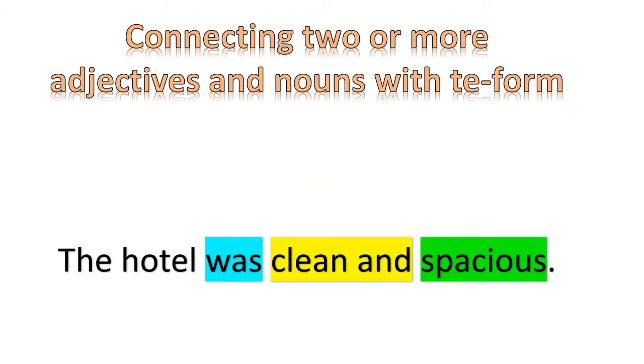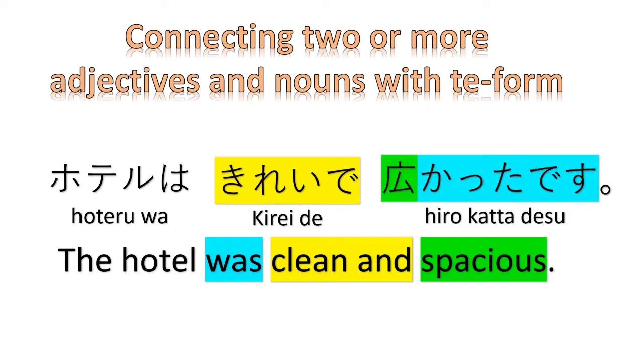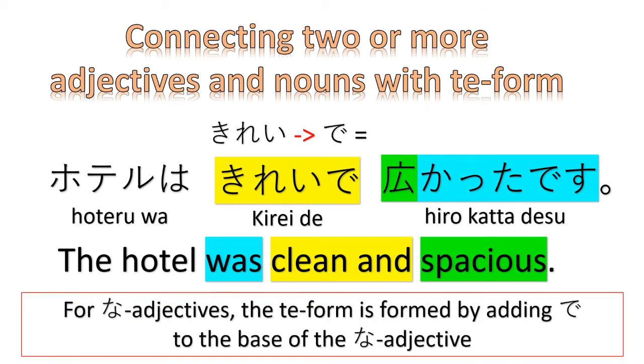The hotel was clean and spacious. Hoteru wa kirei de hirokatta desu. So here, kirei de is the combination of the word kirei, clean, and then we add de.